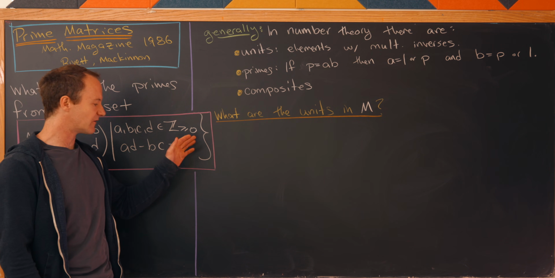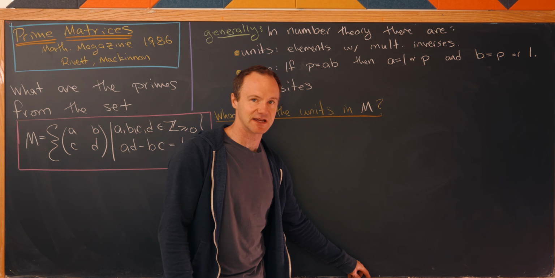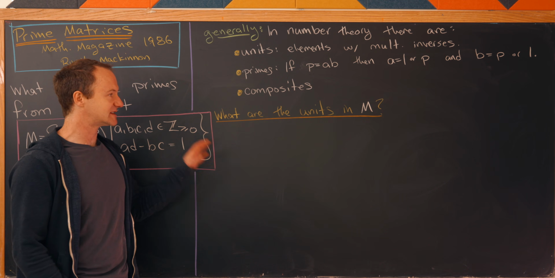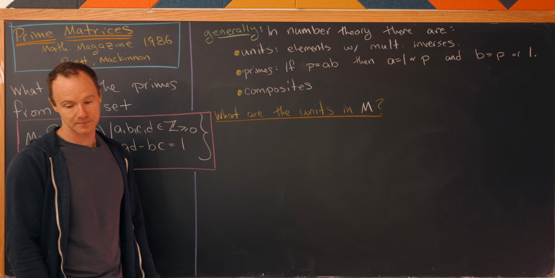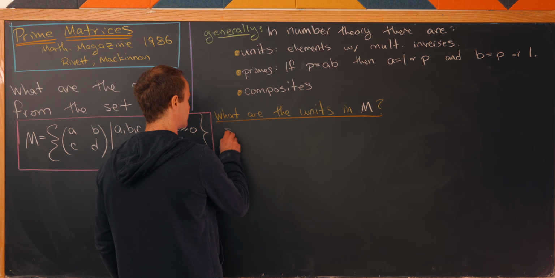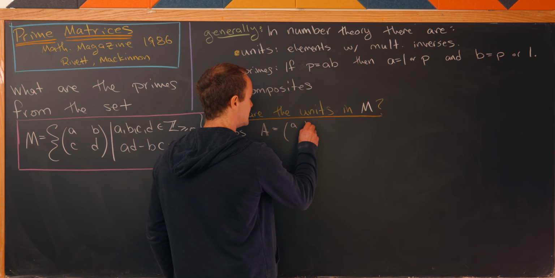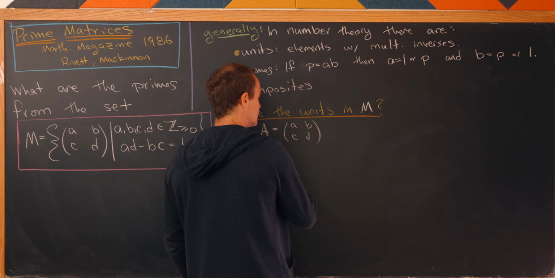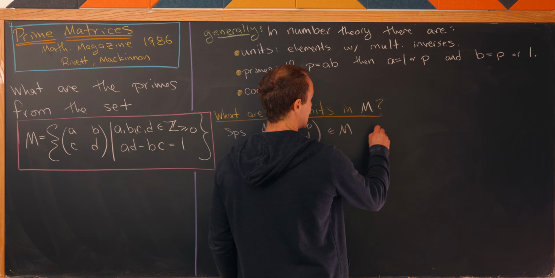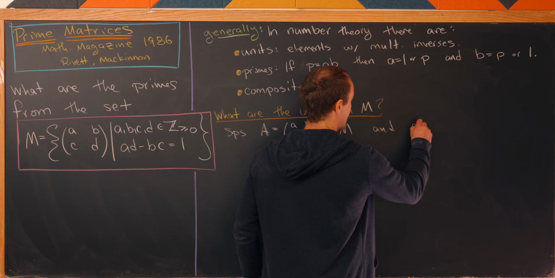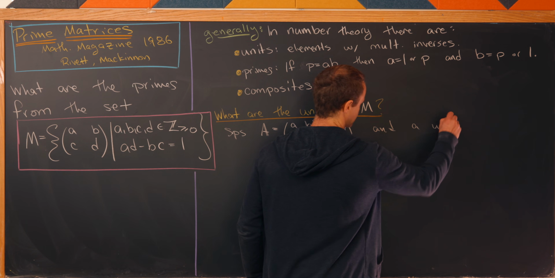Okay, so maybe the first question we might ask is, what are the units inside of M? Okay, well, let's suppose that we have A, which is equal to A, B, C, D, and it's inside M and a unit.